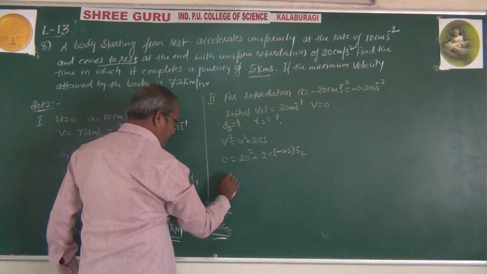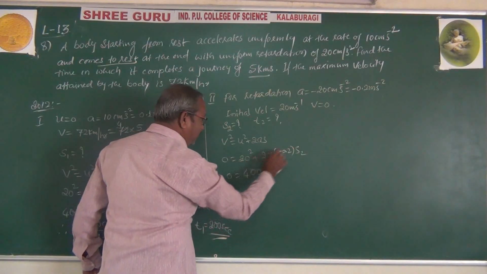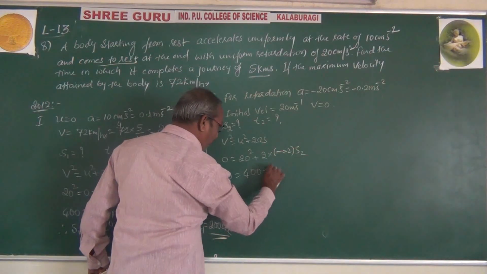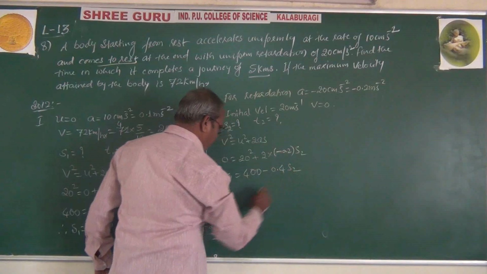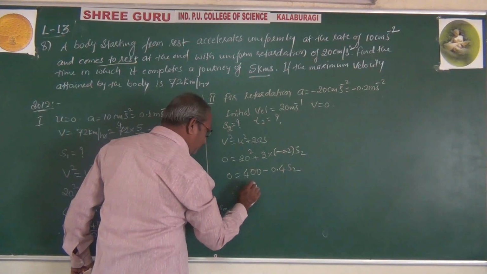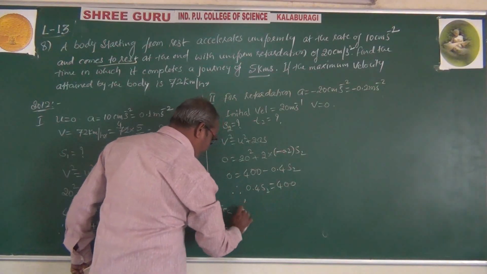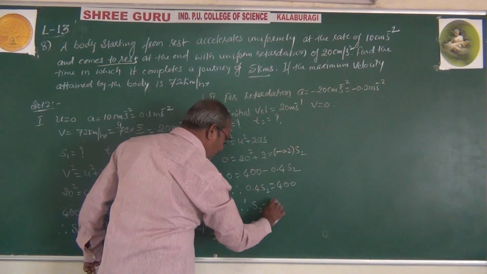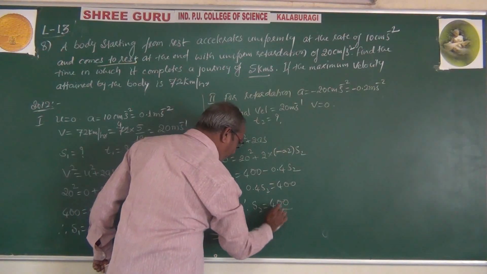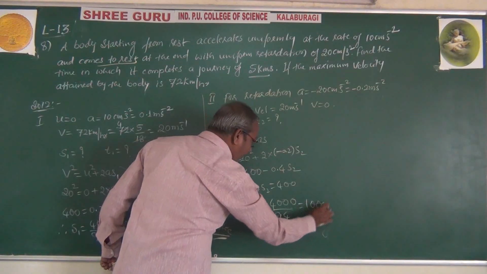Therefore you can take this to this side: 0.4 S2 equal to 400. Therefore S2 equal to 400 divided by 0.4. The point cancels with the 0, and you will get 1000 meters.